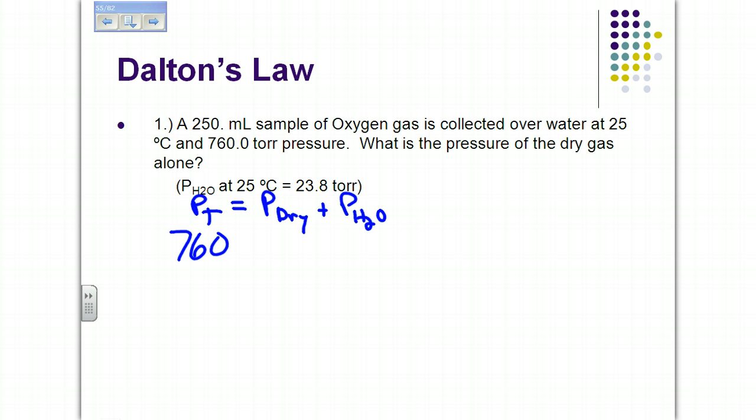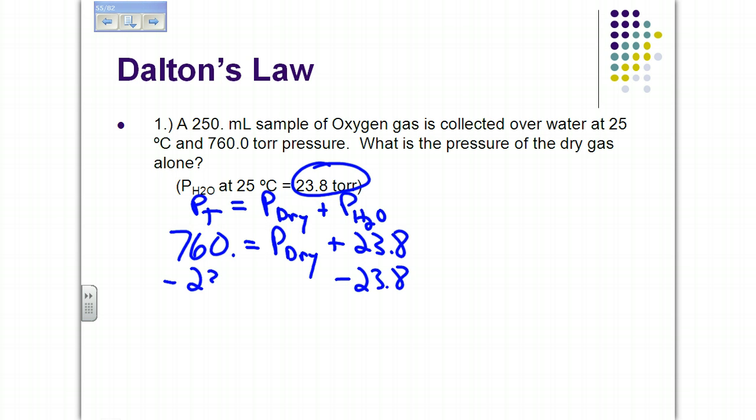So if our total pressure is 760 torr, the pressure of the dry gas is what we're trying to determine. The pressure of water is a constant which is always going to be given to us. All we're going to do is subtract 23.8 on each side, and this is going to give us the pressure of the dry gas. So 760 minus 23.8 comes out to 735.2 torr.